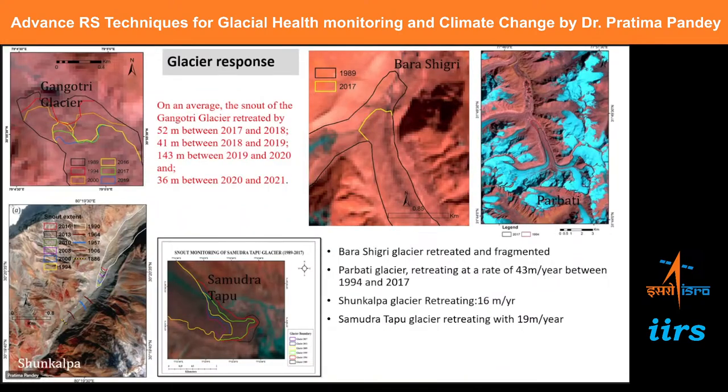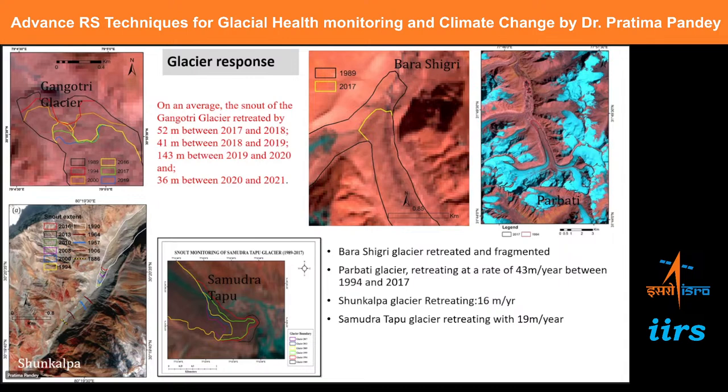Now, in response to this change in temperature and precipitation, it has been found that most of the glaciers in the Himalaya are retreating. Here you can see examples from various parts of the Himalaya. This picture is the Gangotri Glacier, one of the largest glaciers of Uttarakhand in the Himalaya.